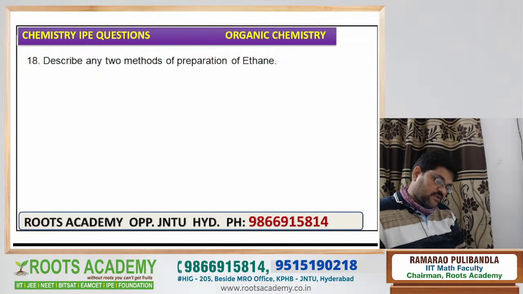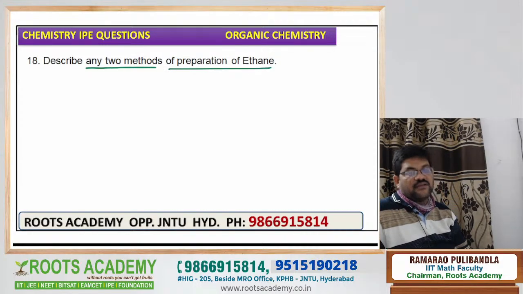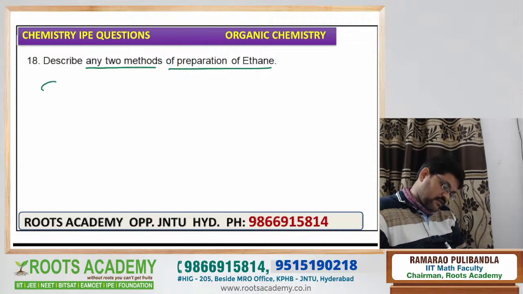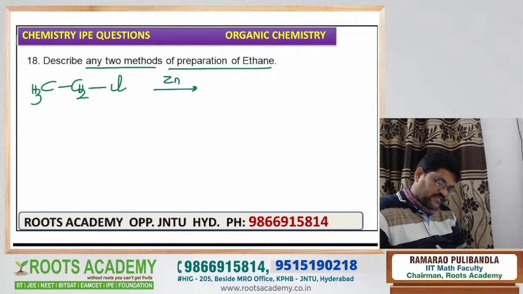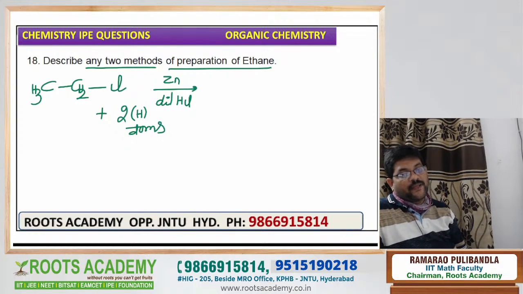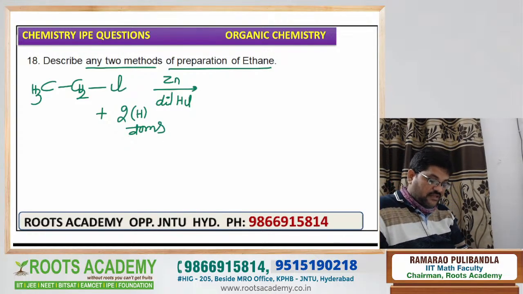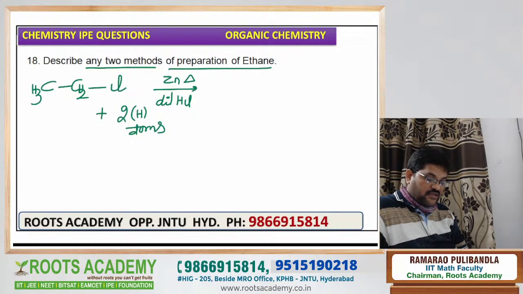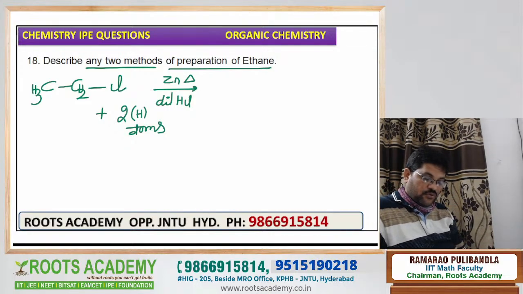And see the next example: describe any two methods of preparation of ethane. First, take CH3CH2Cl and add zinc dust dissolved in dilute HCl, which on heating gives two nascent hydrogen atoms.